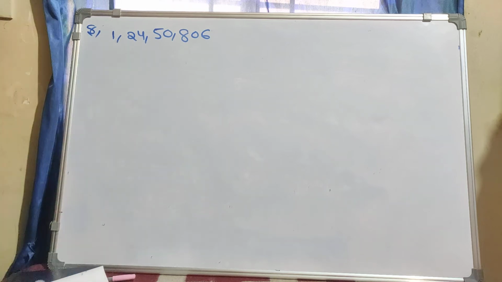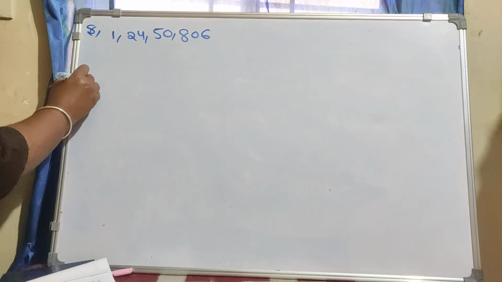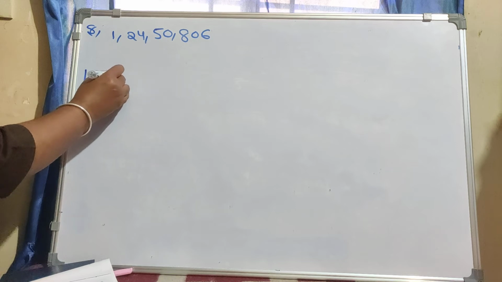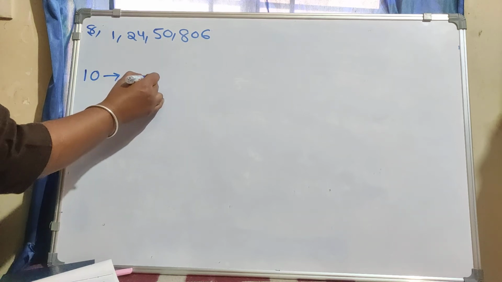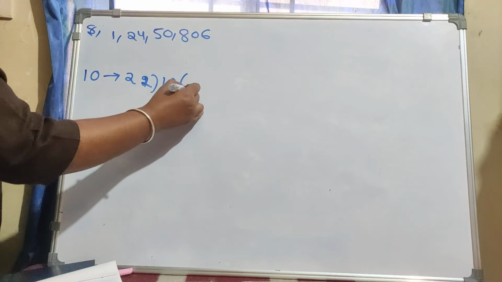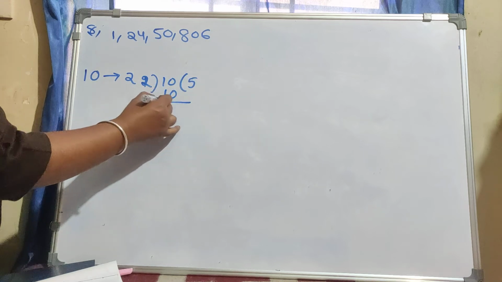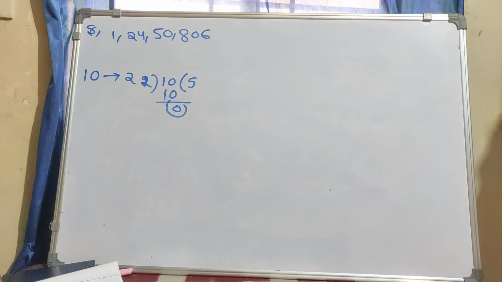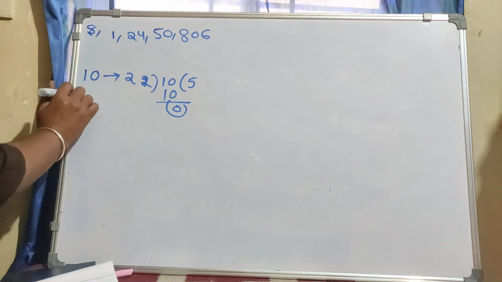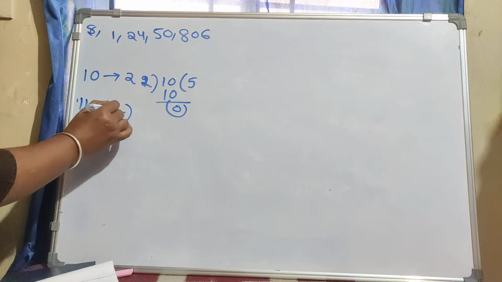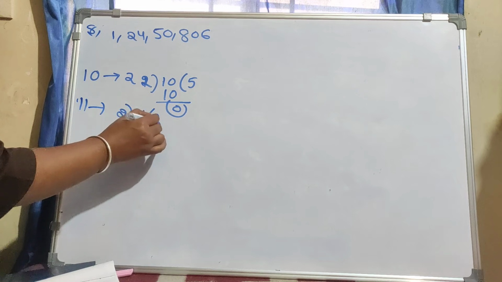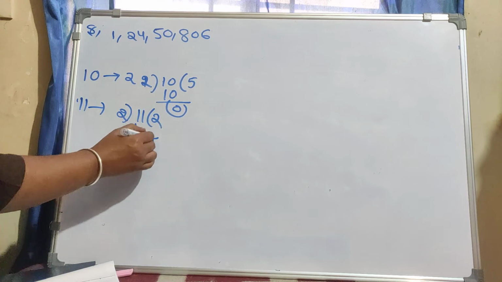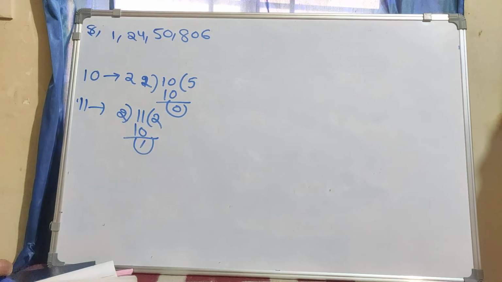Example, 10. If I divide by 2, 5 twos are 10, so this 10 is called an even number. And 11, if I divide by 2, gives a remainder of 1, so it is called an odd number.